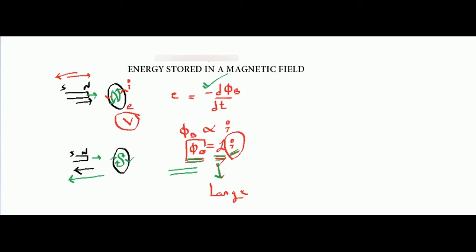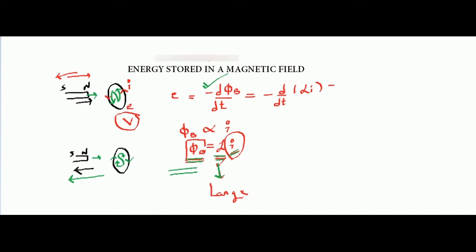So as I said, if you have a changing flux near a wire, then a potential will be developed, and that potential will depend on the rate of change of flux. Now the flux itself is a function of self-inductance multiplied by current.